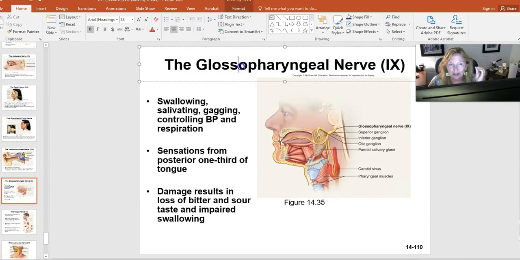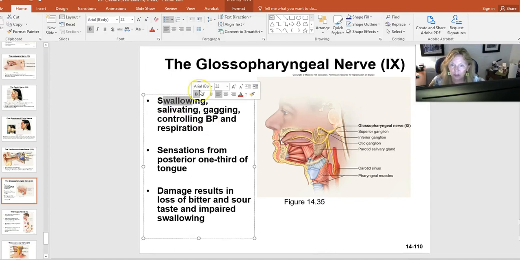Glossopharyngeal. Glosso is referring to your tongue. Pharyngeal is your throat. So tongue and throat here. I want you to know that this is actually for swallowing. Our tongue is so much more than just for our taste sensations, so that's important. It is a muscle that manipulates our food, helps us to speak.